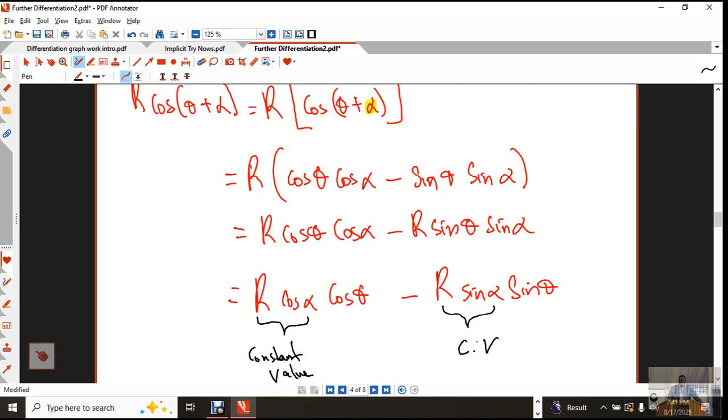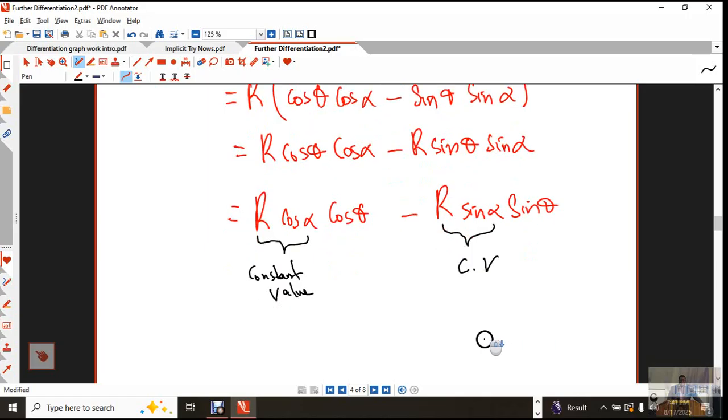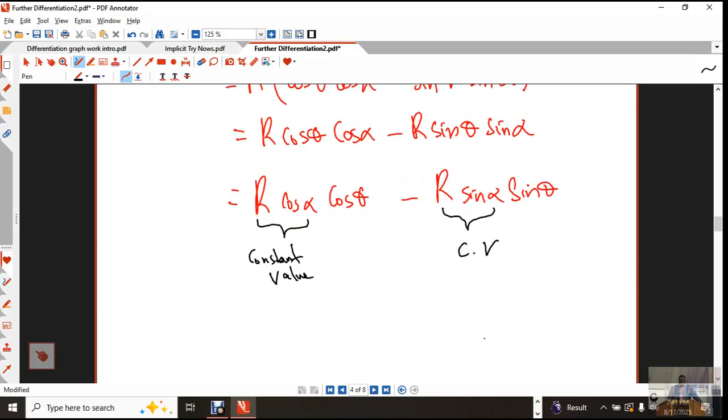If you now have to write it out, you should get something identical to A cos theta minus B sin theta, where A represents the coefficient R cos alpha, and B represents R sin alpha.